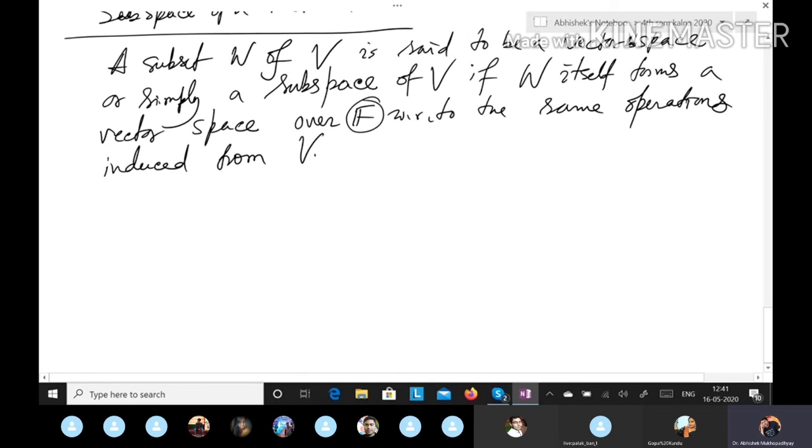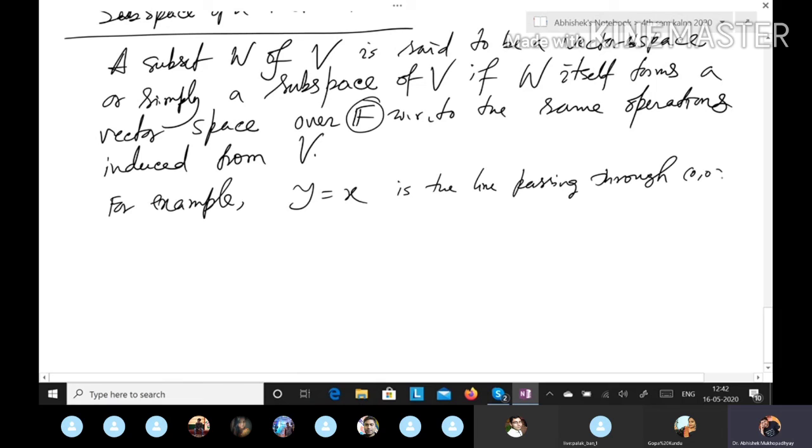And we have already seen an example: the line y equals x. This is a line passing through (0, 0) in R2 and making an angle of 45 degrees, pi by 4, with respect to the positive x axis.